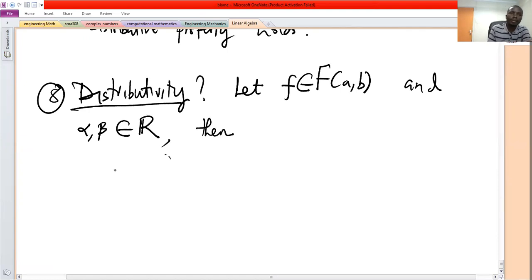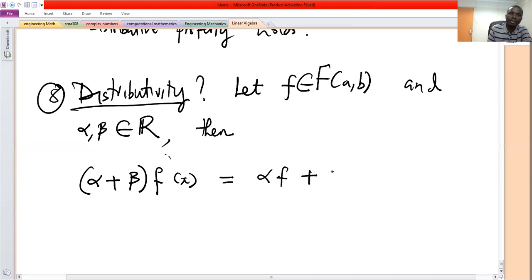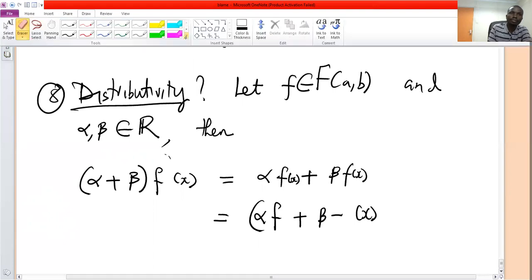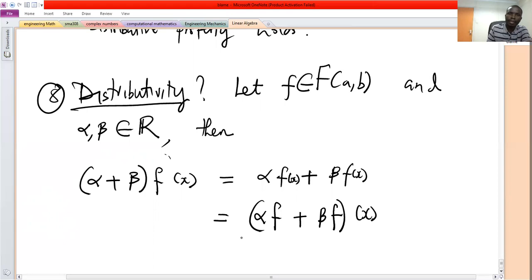Then if we take alpha plus beta multiplied by f of x, this will be alpha f of x plus beta f of x, which is the same thing as alpha f plus beta f of x.